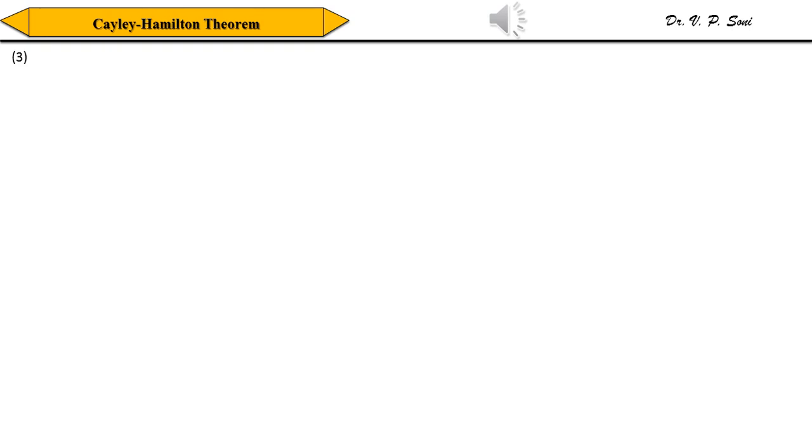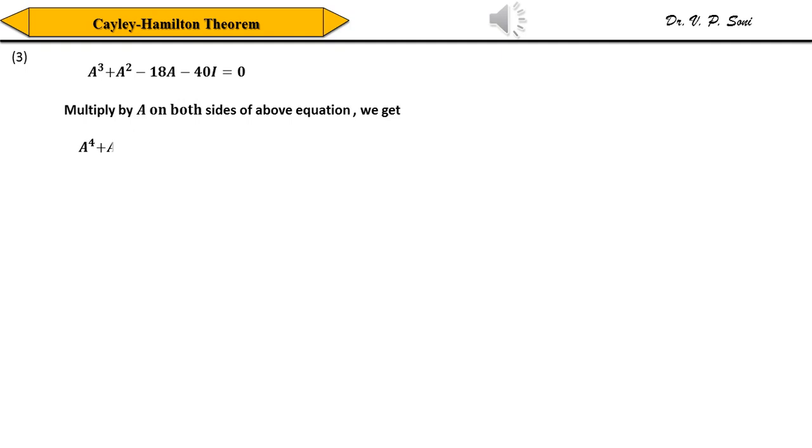Now see the equation which satisfies the characteristic equation is A cube plus A square minus 18A minus 40I equal to 0. Multiply by A on both sides of the above equation, then we get A raised to 4 plus A cube minus 18A square minus 40A equal to 0.